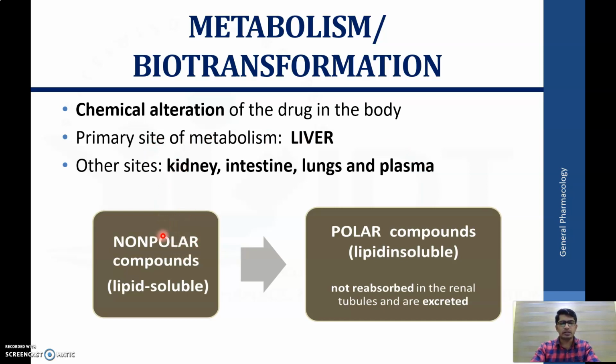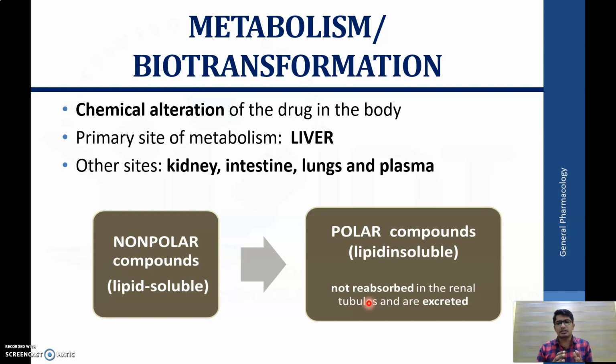It will convert non-polar compound, that means lipid soluble compound, to polar compound which are lipid insoluble. By this conversion, it will be easily excreted without reabsorbing in the renal tubules. So that is the main aim of metabolism.